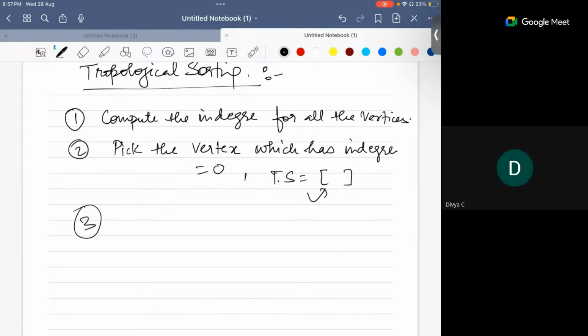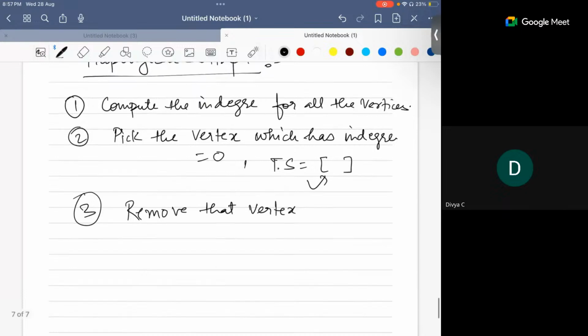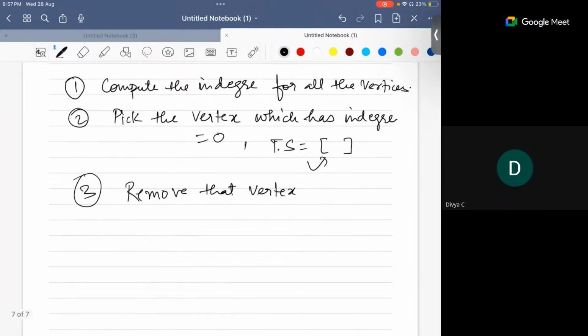The third step would be, remove that vertex that we have selected that was having the in degree 0.